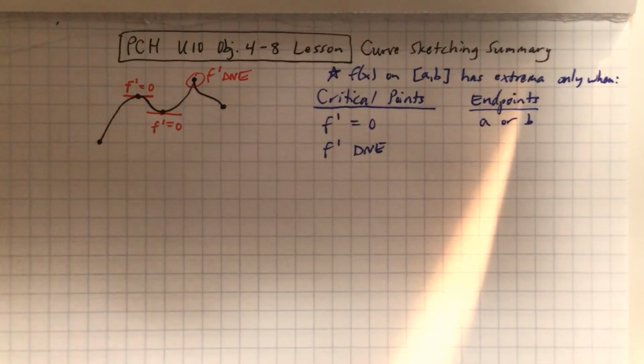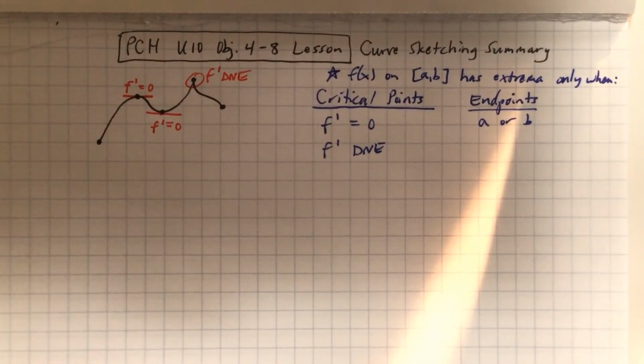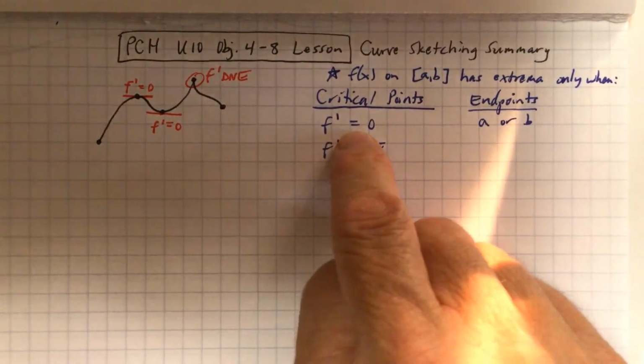And that doesn't mean we will always have an extreme value if f prime equals 0. It doesn't always mean that.